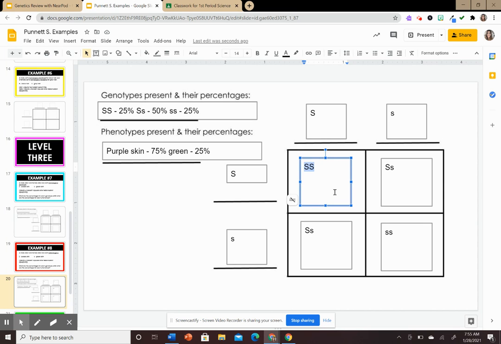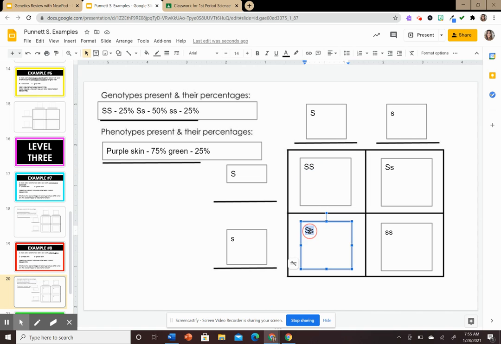Anyways, when this one has children, this one will only be able to give their offspring a purple gene, right? He has two big S's. That's the only thing he can give them. So no matter who he marries, he can marry a green alien, a blue alien, a red alien. If S and purple are the dominant traits, right, then his children will always receive that dominant purple trait from him. So all of his children will be purple.